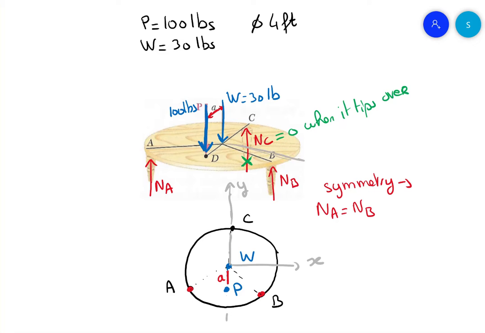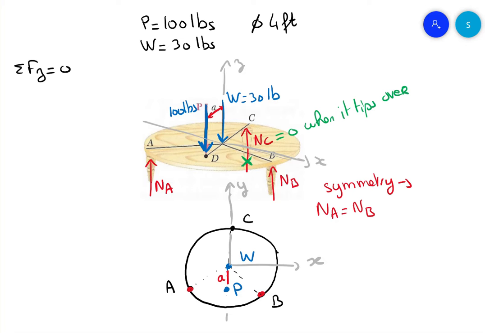The axis X that I drew is there. If we sum the forces on the axis Z, we will be able to find NA and NB. So let's sum the forces on the axis Z.